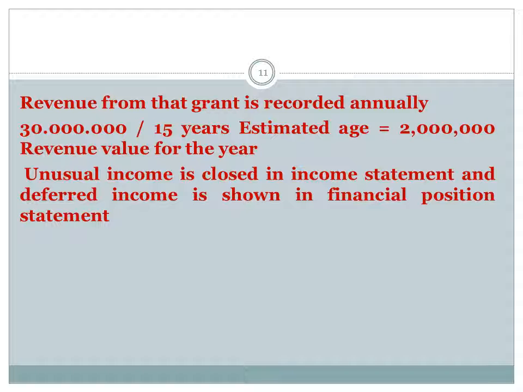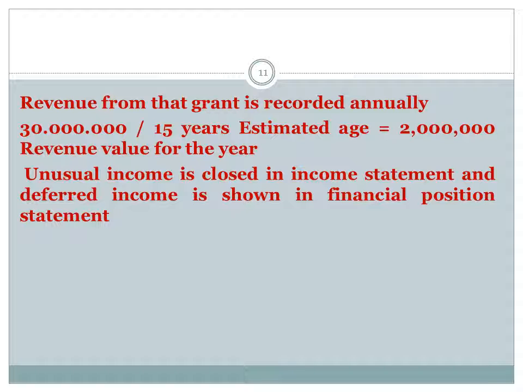This amount will appear in the income statement in the first year. So deferred income for the first year equals 28 million. In the next year, in the income statement we will record 2 million unusual income.